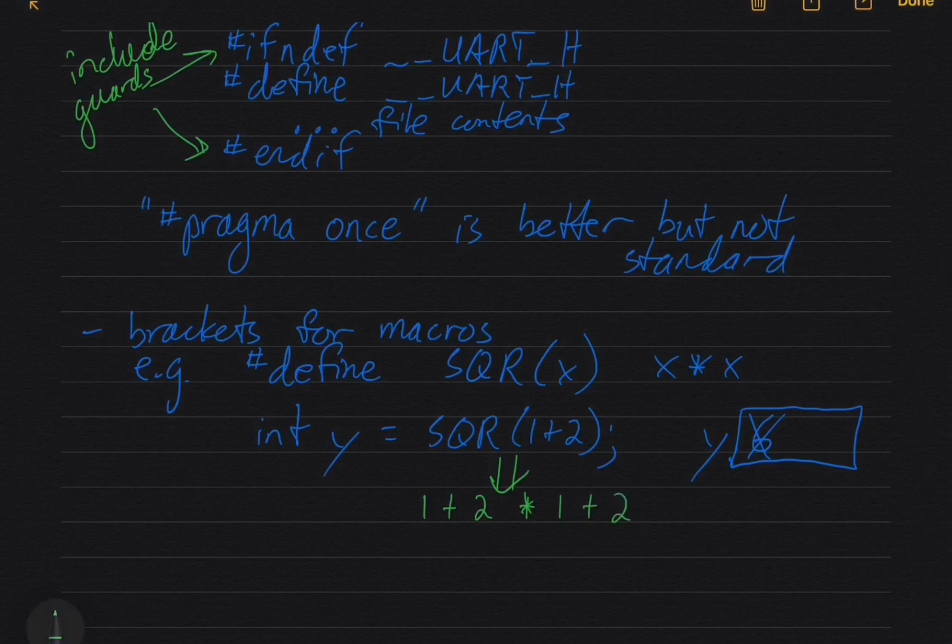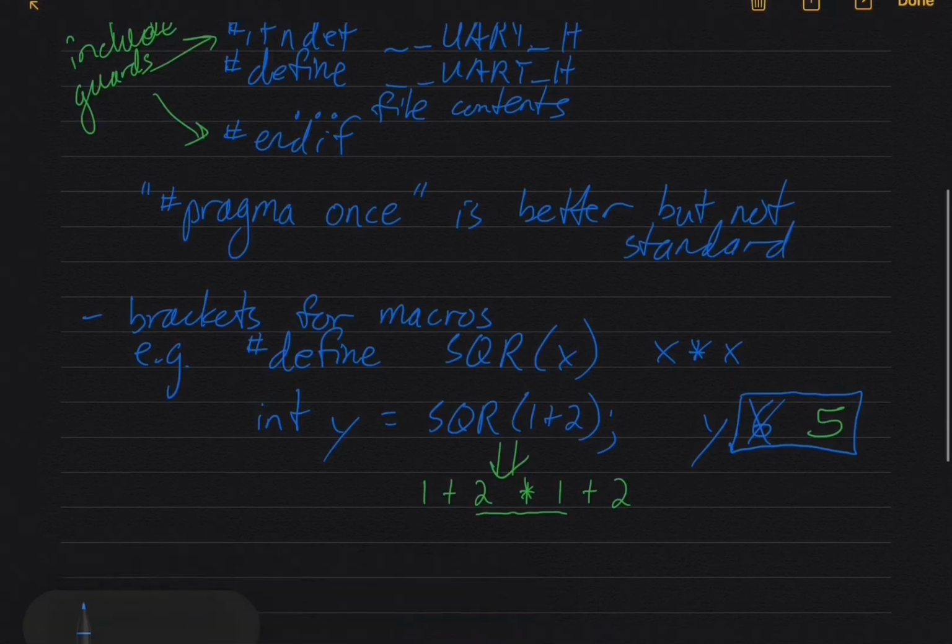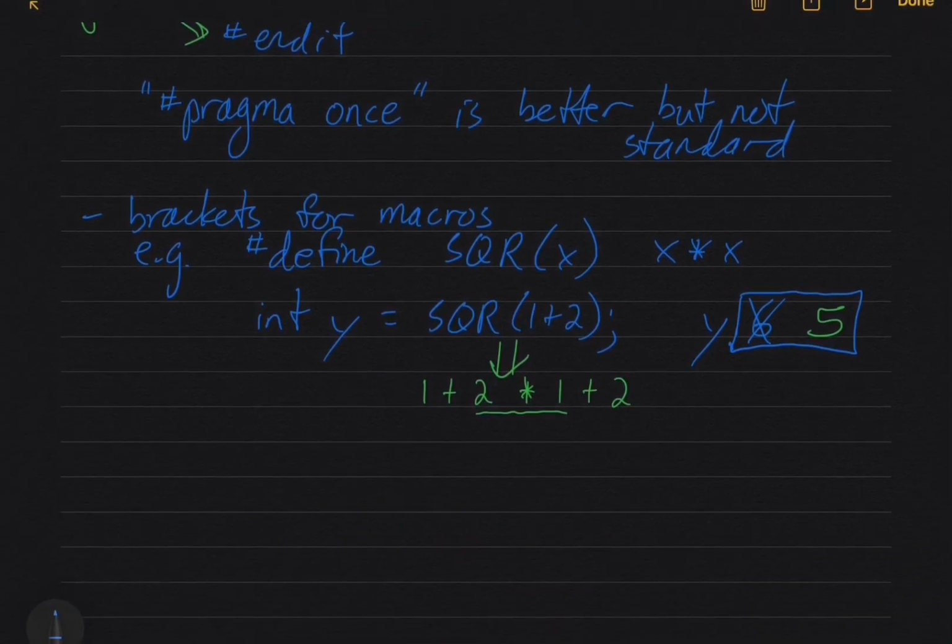Order of operations, we're going to multiply 2 by 1 first, and that'll get added to 1, and then 2 will get added to that. So you actually get 5. So you're probably not going to write a lot of macros, but if you do look at them, you'll notice that they make heavy use of brackets to avoid this kind of problem.